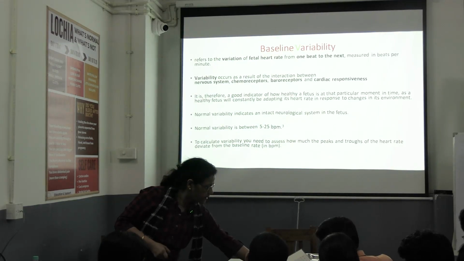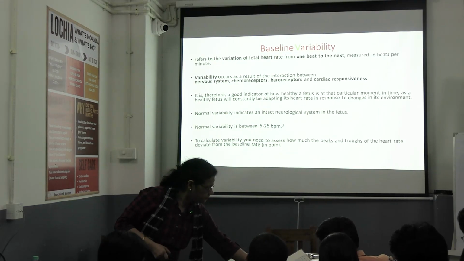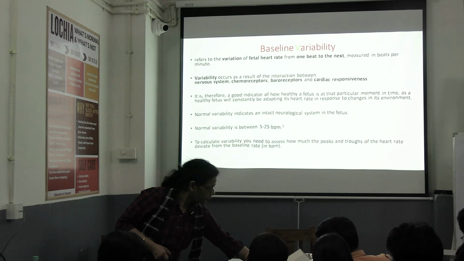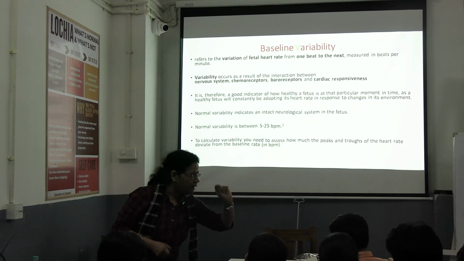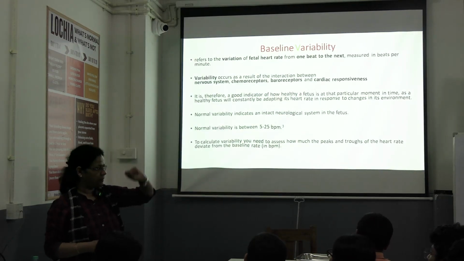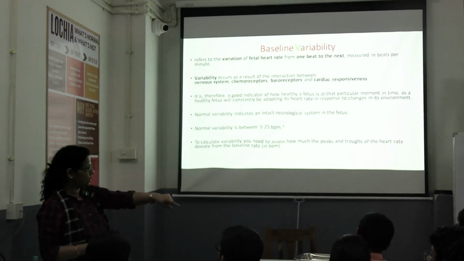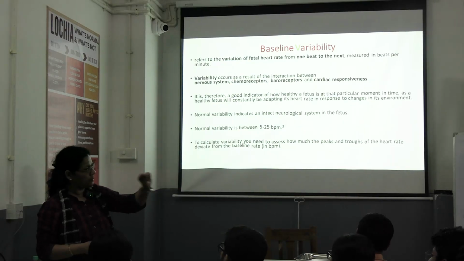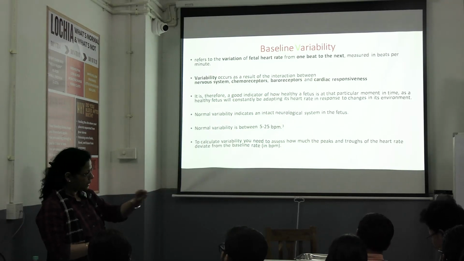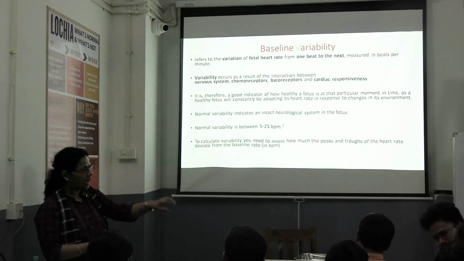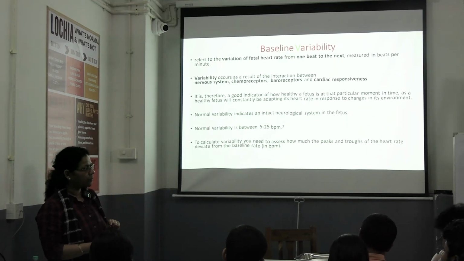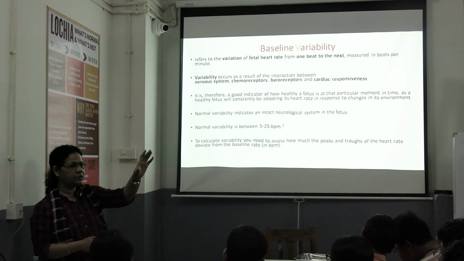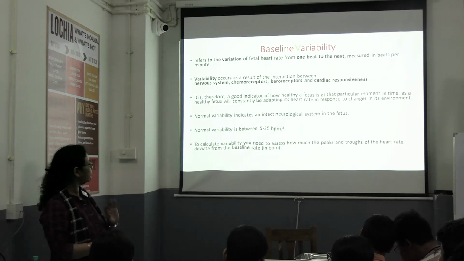It is dipping to, what is this line? 130, and then it is going up. These small ones, it's not more than 5 to 25. The small jagged serrations that you are seeing, this is the beat to beat variability. See the number of beats per minute, how it varies from one beat to another. It should be between, what is the range? 5 to 25.